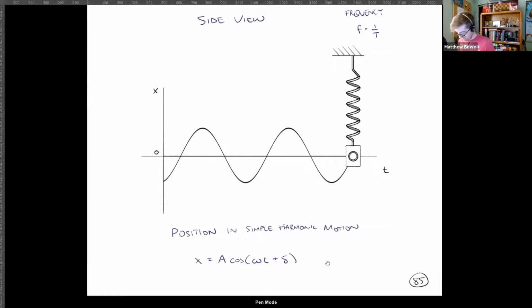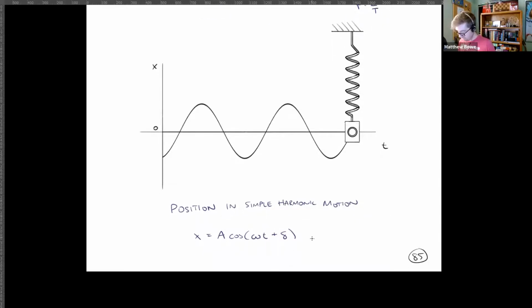All right, so I'll define, I ran out of room. We have A for the amplitude. And what we're going to say is all of this is the phase of the wave.